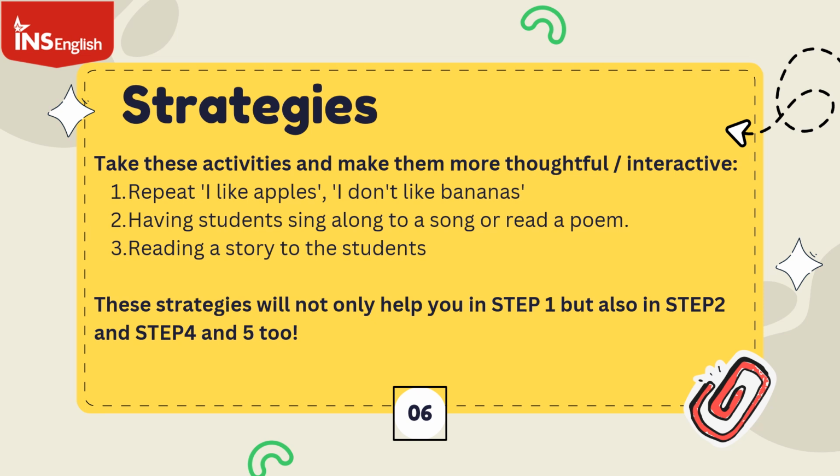Having students sing along to a song or read a poem. Again, instead of having them just sing along to the song, we could break the song into different sentences from the song, and we could have flashcards which represent this, and then we could play games where students have to find the flashcards after I say that sentence.